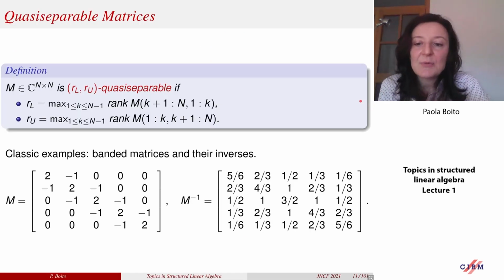Okay, so let's see an example and the definition in more detail. Suppose RL and RU are positive integers.